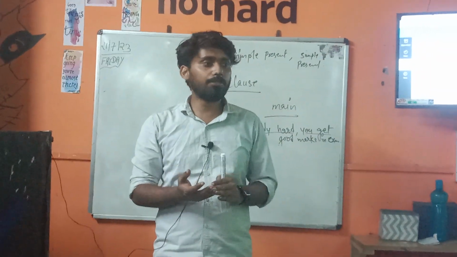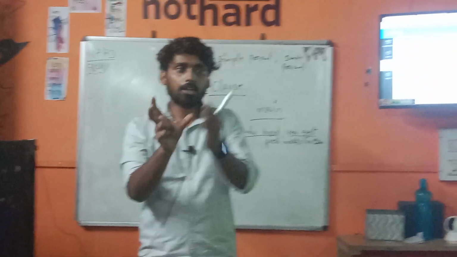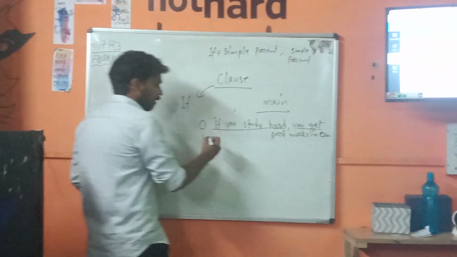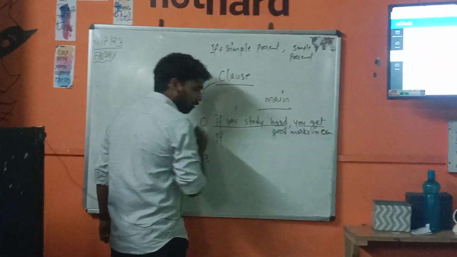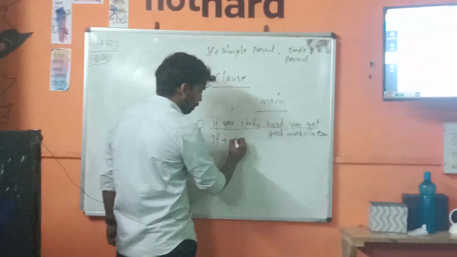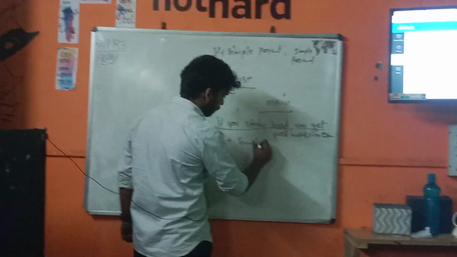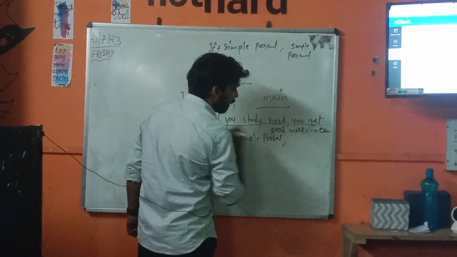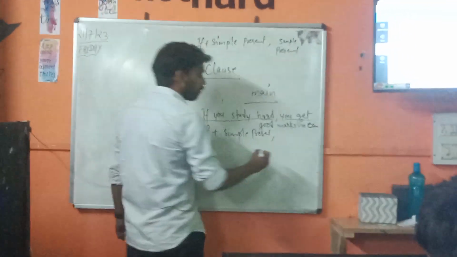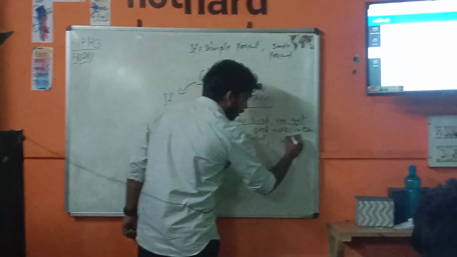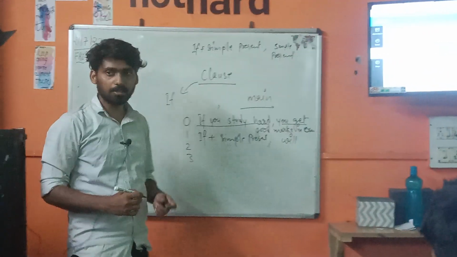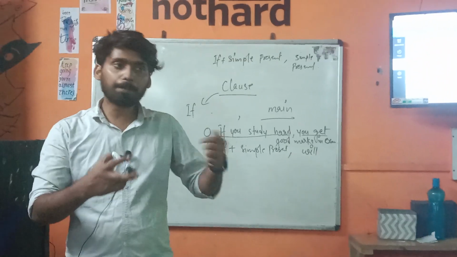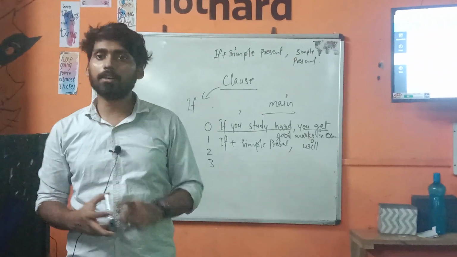Basically we talk about if you do something, it will reflect in the future. Okay, so that's why we put here if plus simple present, and in main clause you have to use simple future, it means will. For example, if you come to my home, I will go to market with you.